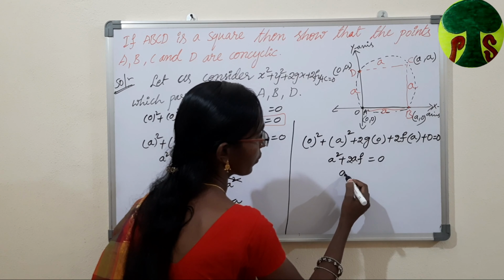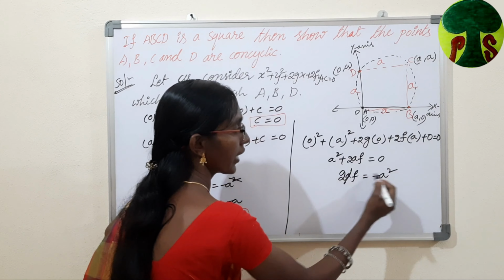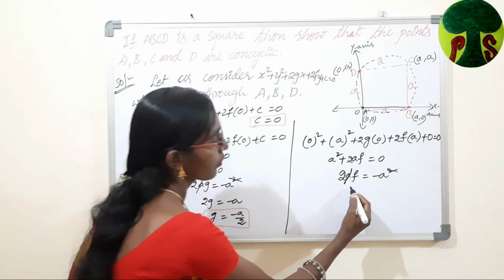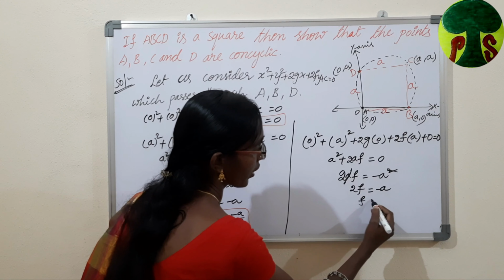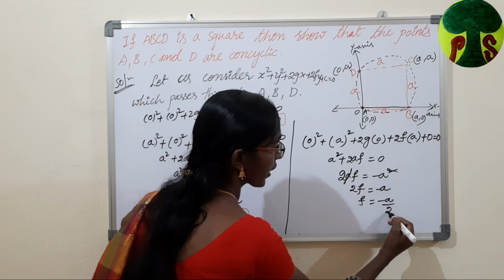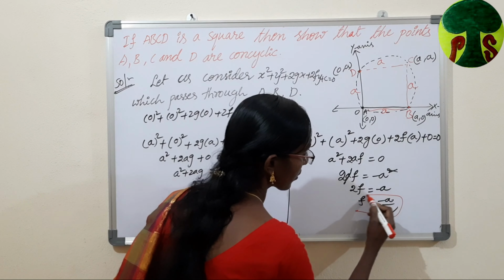From this, 2af equals minus a square, a gets cancelled, we get 2f as minus a. We need to find the f value. So f is equal to minus a by 2.